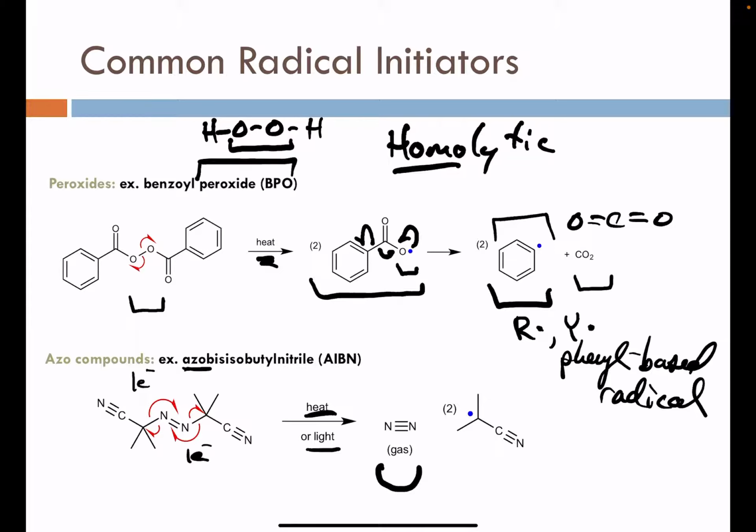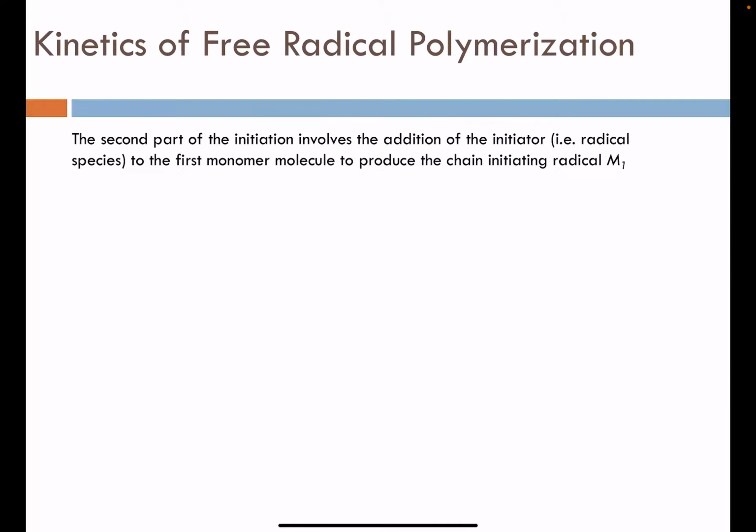The remainder of the single bonds here and here end up as our blue dots for our radicals. So this butyrylnitrile is the active kind of group for radical polymerization, and we would also see this tethered to the beginning of our chain growth polymerization products.